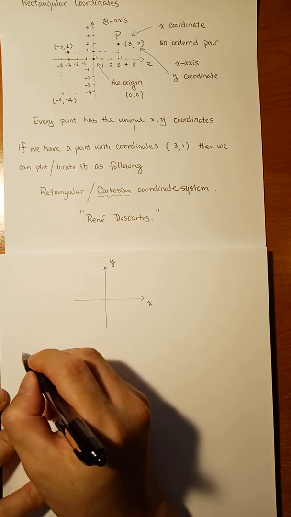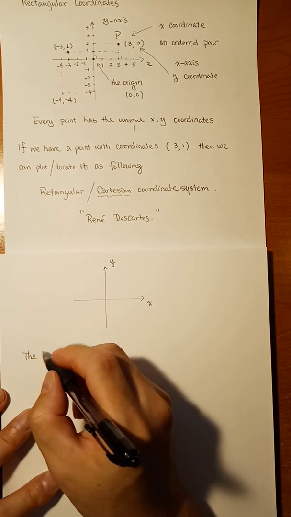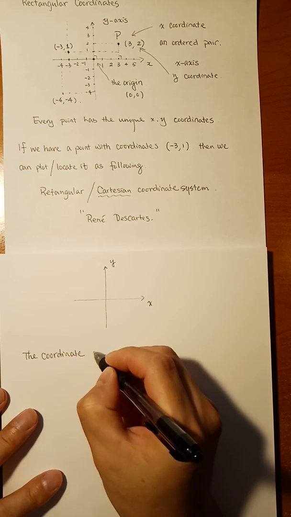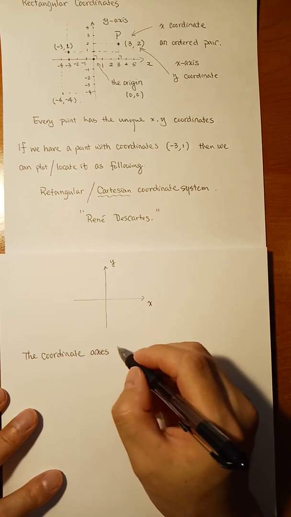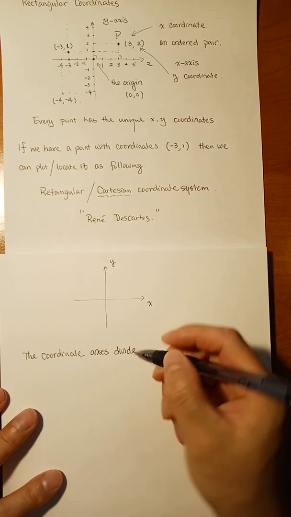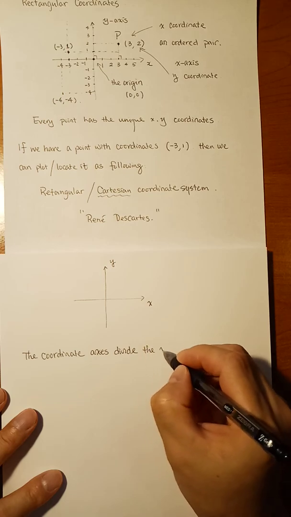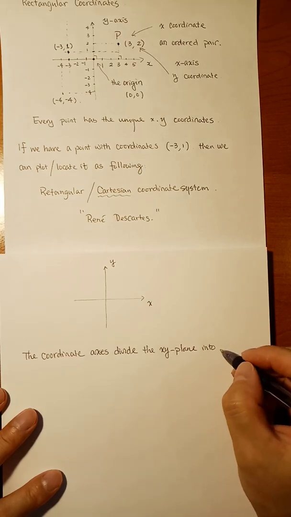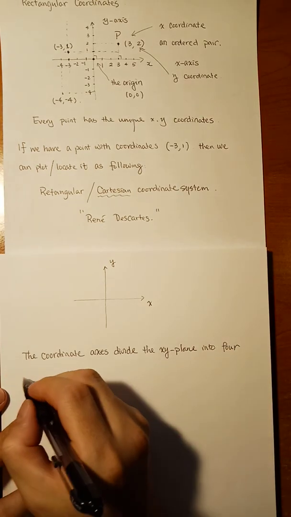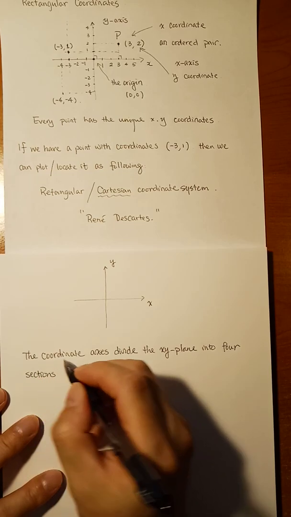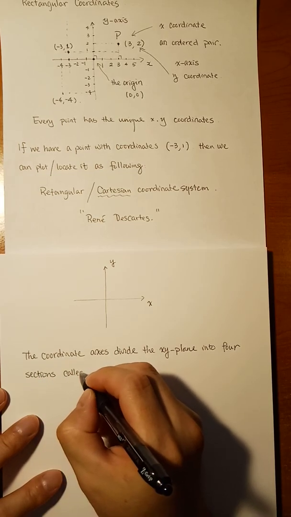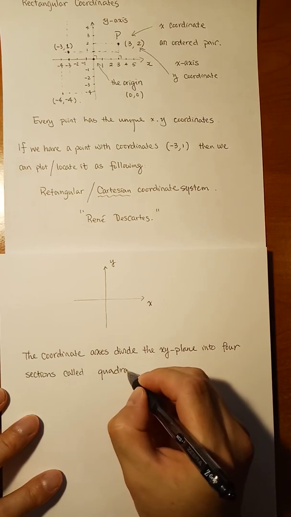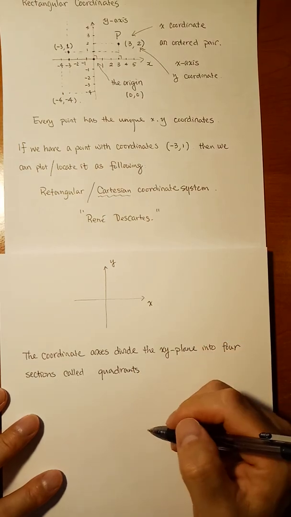This is the standard wording: the coordinate axes divide the xy plane into 4 regions called quadrants.